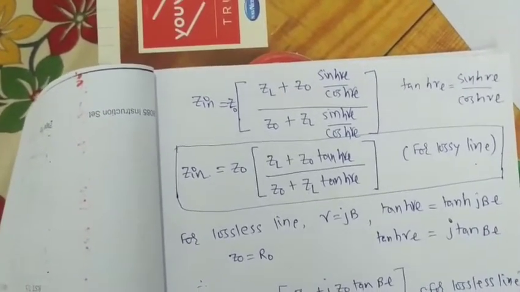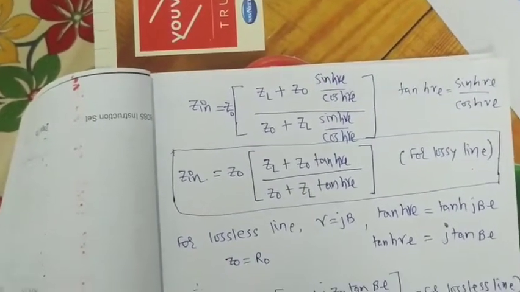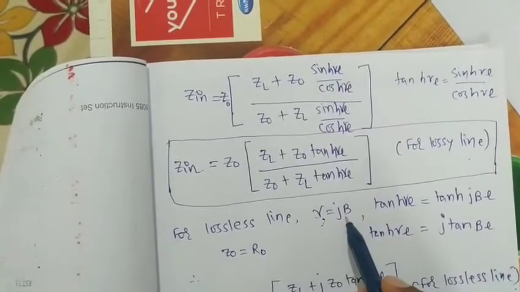For a lossless line, if we have to find the input impedance, then we know that for the lossless case, gamma is nothing but j beta.